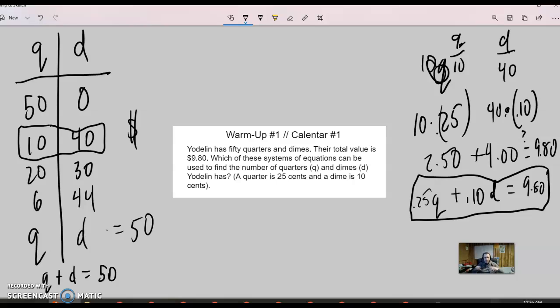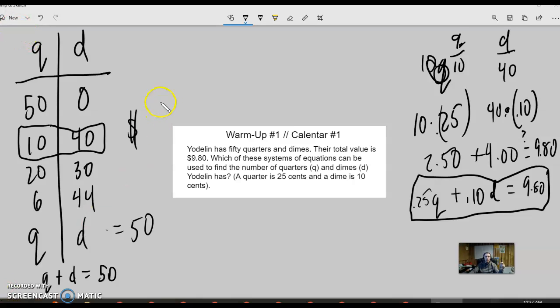What you're doing physically, right? What you're figuring out, oh, that number of quarters times 25 cents and that number of dimes times 10 cents. I need that to get to the $9.80. So if you can imagine some of these situations in real life, you can start to really think about how they would look in algebra. All right.